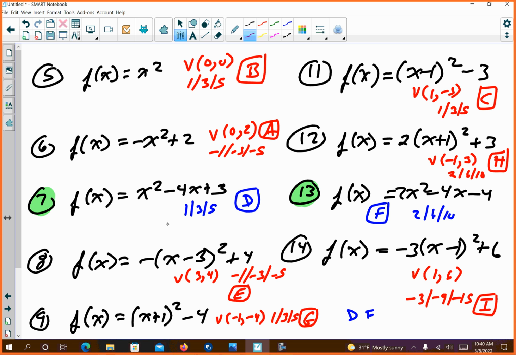You could find the y-intercept of 0, 3 and the y-intercept of 0, -4. So if they both had the same pattern graph, then take a look saying, well, which one has a y-intercept of 0, 3 and which one has a y-intercept of 0, -4? Okay? I didn't even find the vertex.